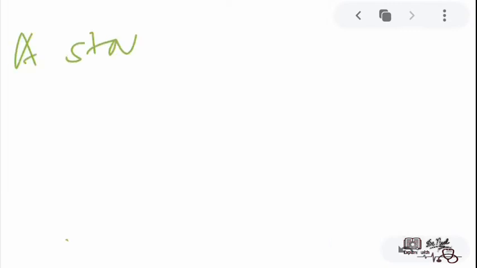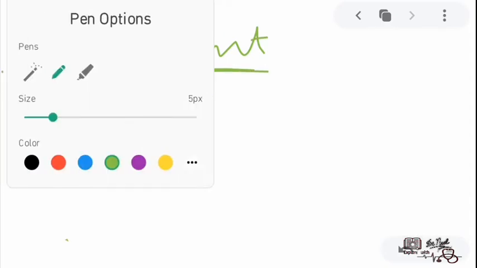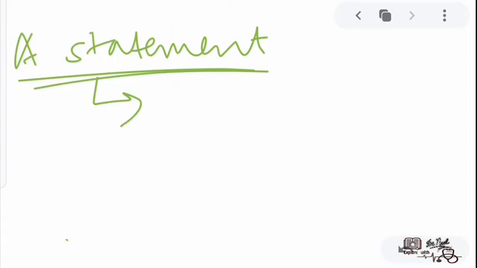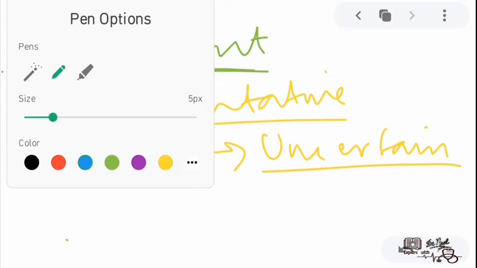Hypothesis is actually a statement which is tentative. Tentative means uncertain. This statement is not certain. It can be falsified at any time by a lot of experiments.